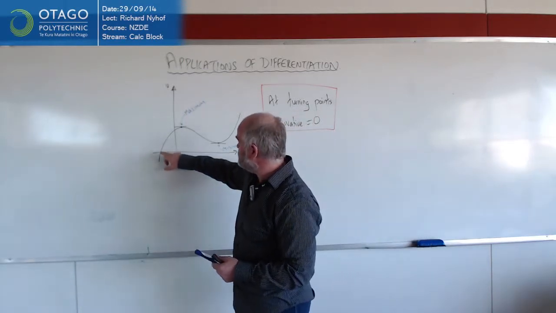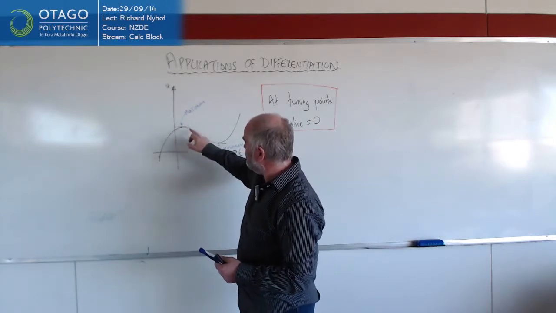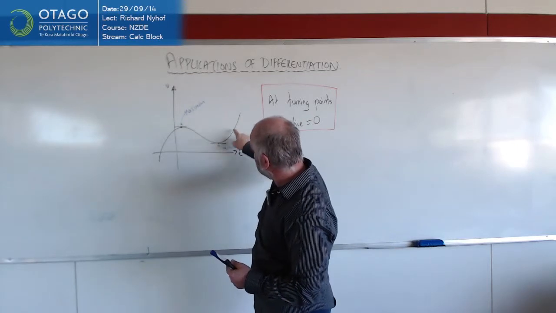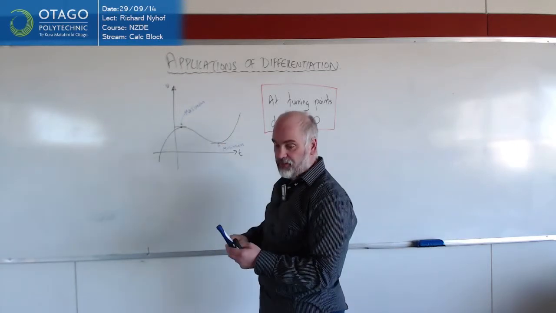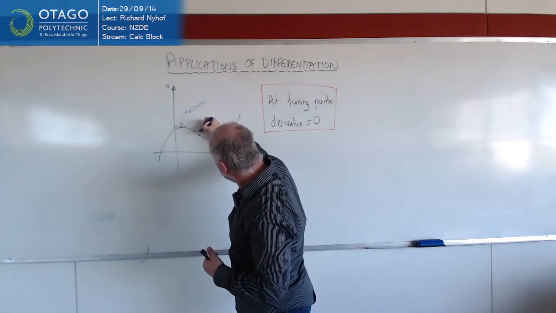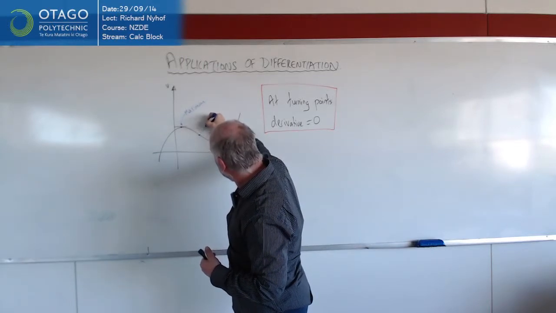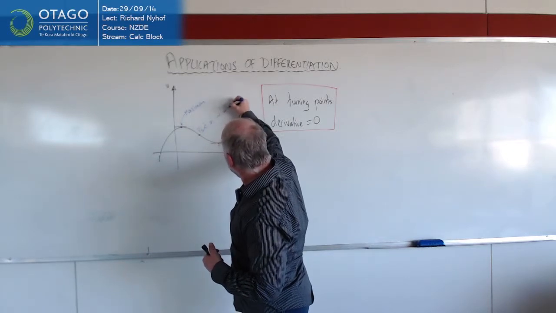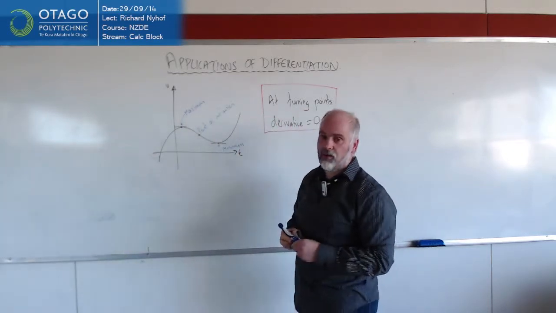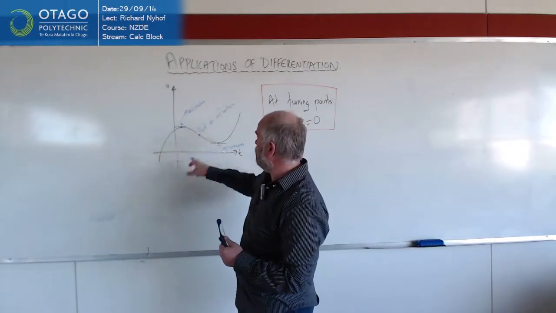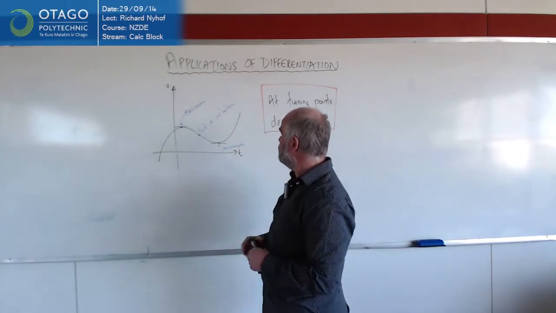This piece is concave down, it's got the bowl facing down, and this piece is concave up. And there's a point in the middle here somewhere. This is what we call a point of inflection. That's also a point we sometimes are interested in, where the curve changes from being bowl down, concave down, to concave up.